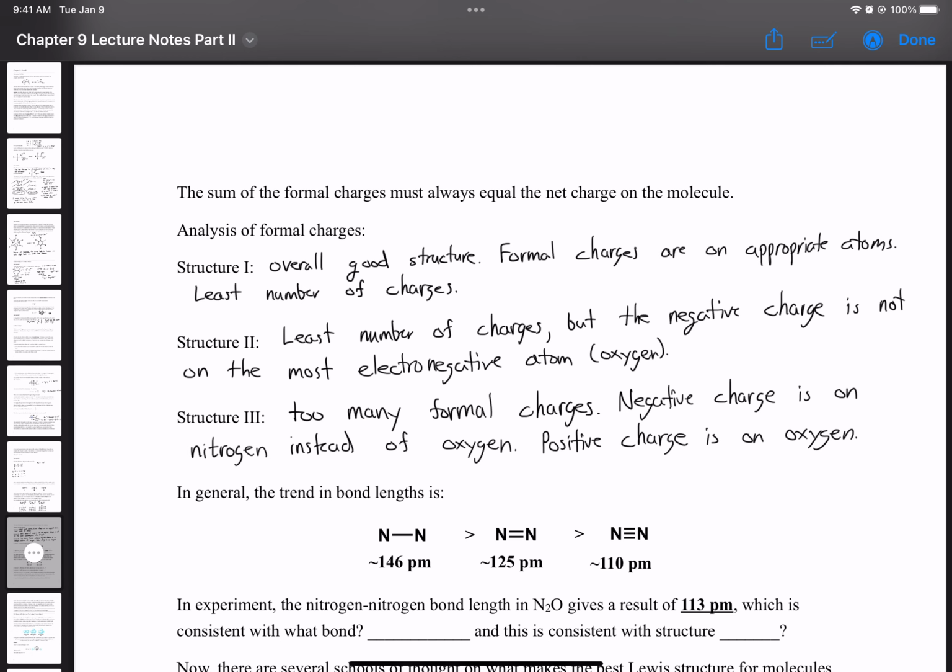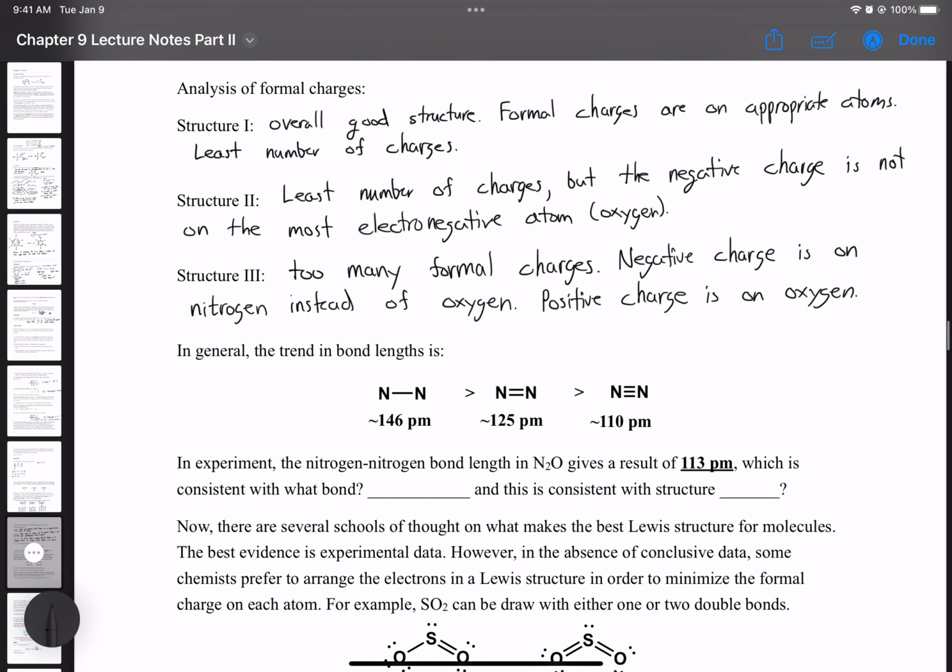Okay. All right. So in general, we can say, okay, let's see here. So in general, the trend between bond lengths in nitrogen is that a nitrogen-nitrogen single bond is around 146 picometers, a double bond around 125, and then a nitrogen-nitrogen triple bond is around 110 picometers.